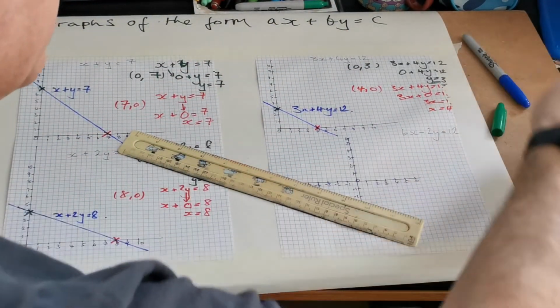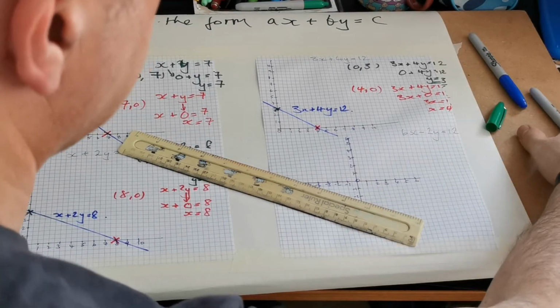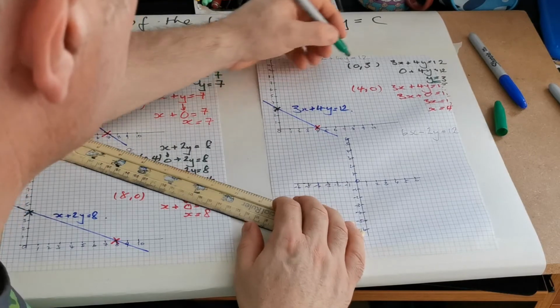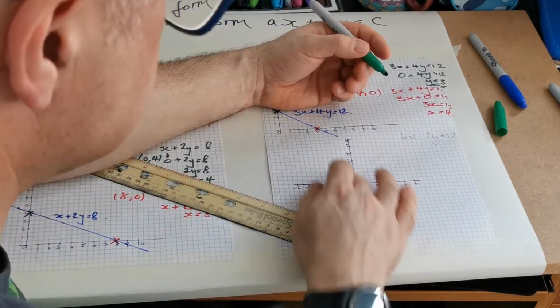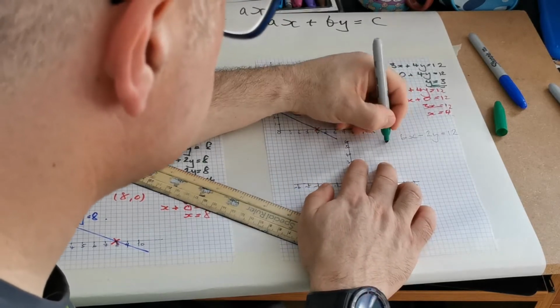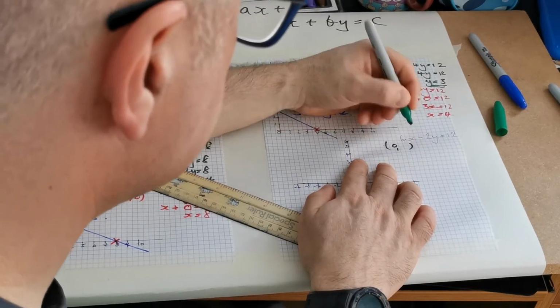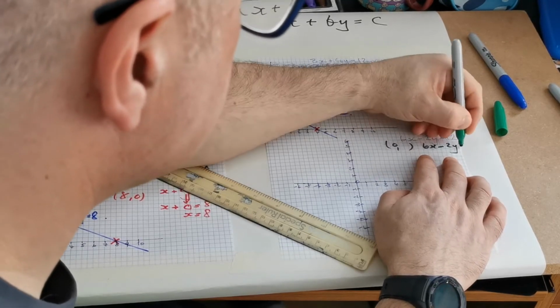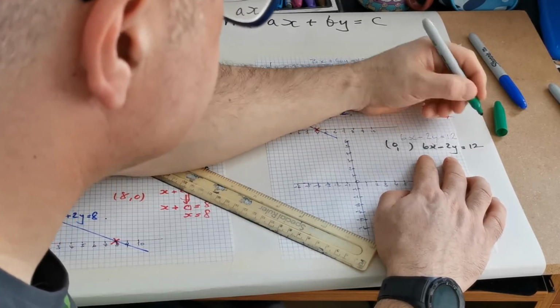One final one. Again, let's look at where it crosses the y-axis, so it's where x equals 0. So 0 something, I've got 6x minus 2y is equal to 12.